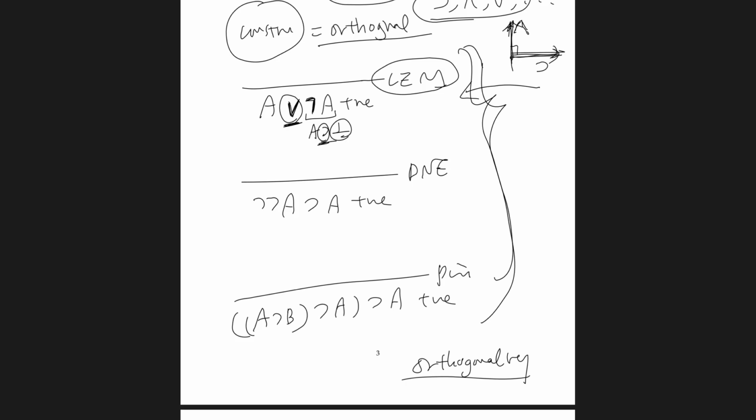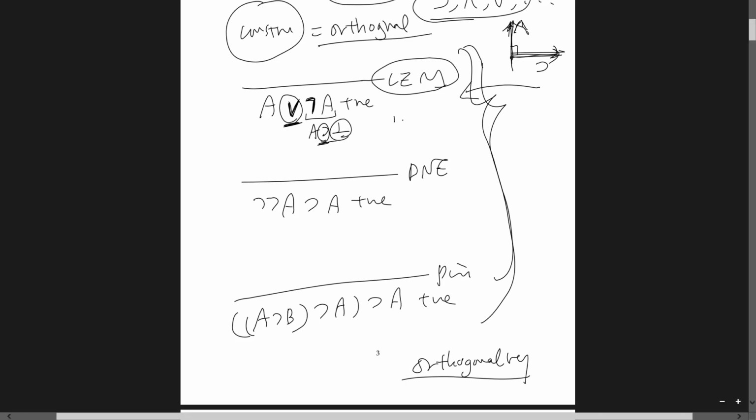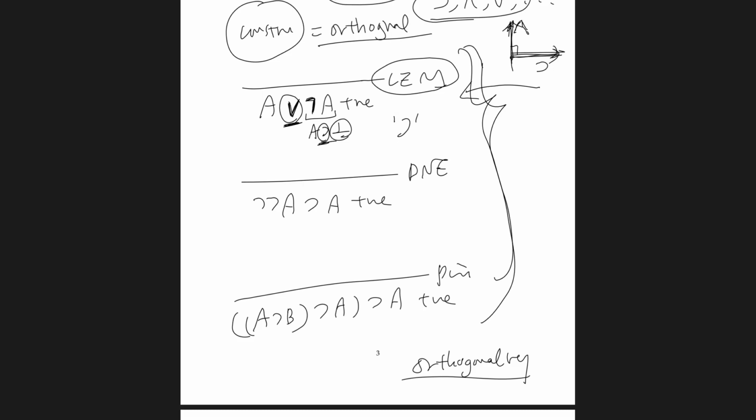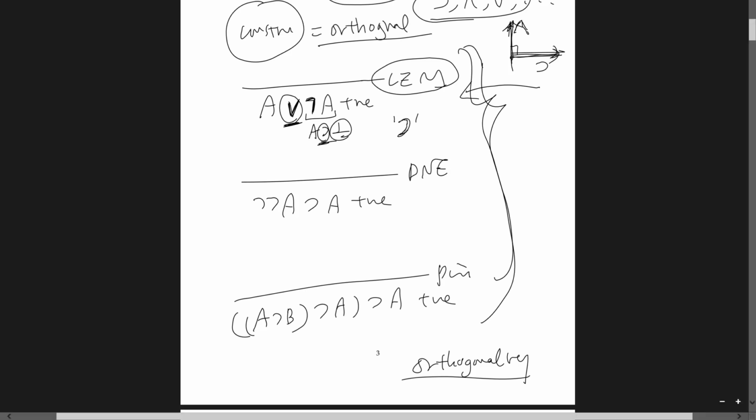Now you cannot explain the meaning of, for example, implication in isolation without referring to other logical connectives. In order to explain the meaning of implication, now you have to talk about this disjunction as well. So the orthogonality is destroyed.